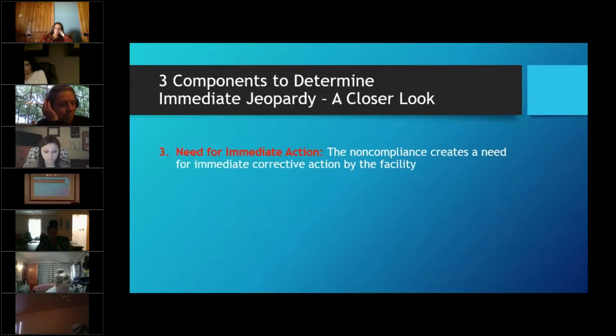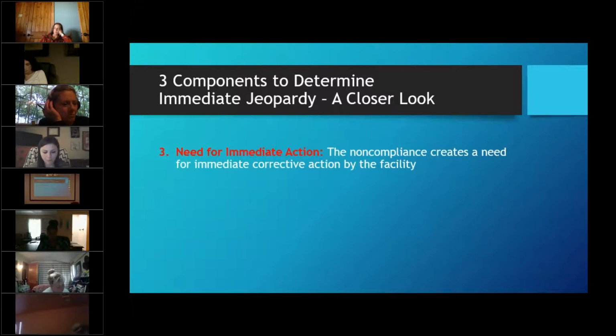Okay, non-compliance creates a need for immediate corrective action by the facility. It's not enough that you've got the non-compliance; you've got the likelihood for serious harm, injury, death. At that point, if you have those 2 pieces, you probably need to go ahead and circle your wagons and come up with what your immediate action is going to be.